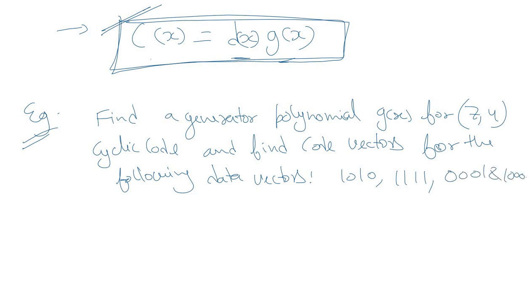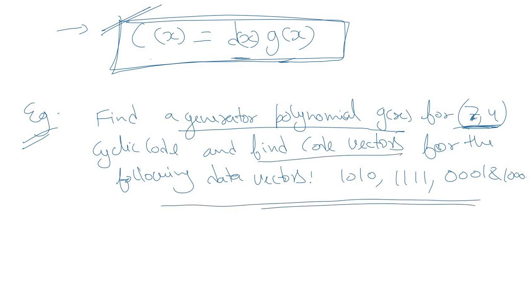Okay, so the question is to find the generator polynomial g of x. The code given is a (7,4) cyclic code, and also find the code vectors for the following data vectors. We are given 4 data vectors.